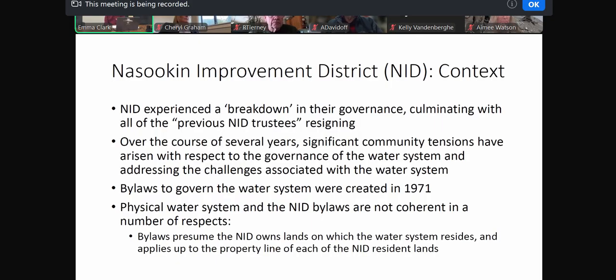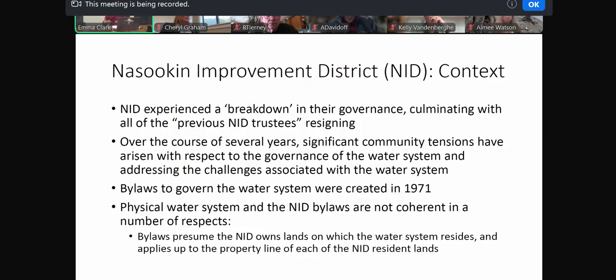The other key thing in their situation, which probably developed a lot of the tension, is that their bylaws were not coherent with their water system itself, physically what's in the ground. That happens by having people write bylaws who don't know what the system actually is.